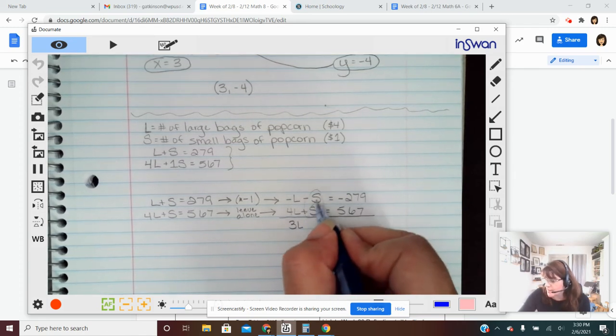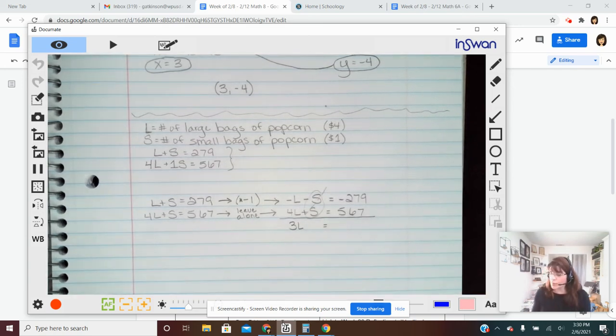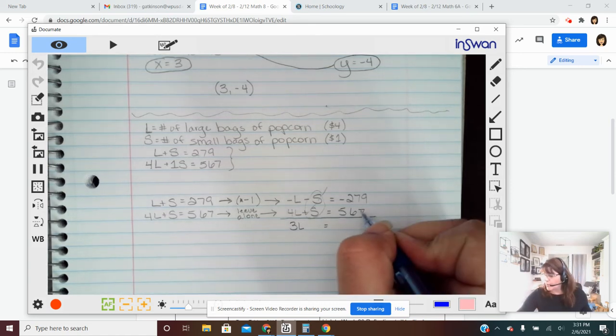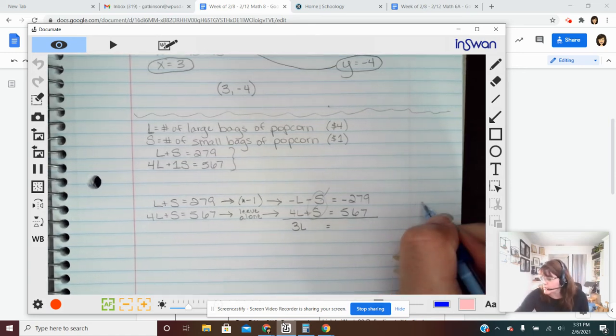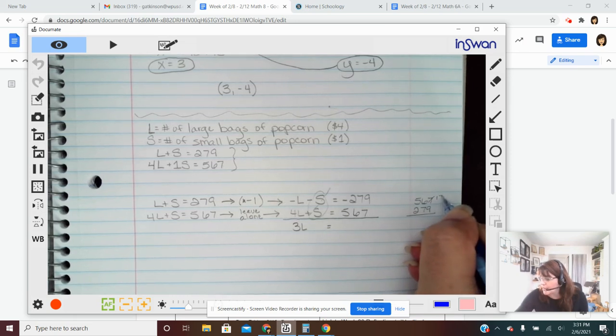These cancel each other out, equals, well, what's -279 and 567? Well, I know there's more positives than negatives, so I'm just going to find out how many more. I could get out a calculator. I shouldn't.